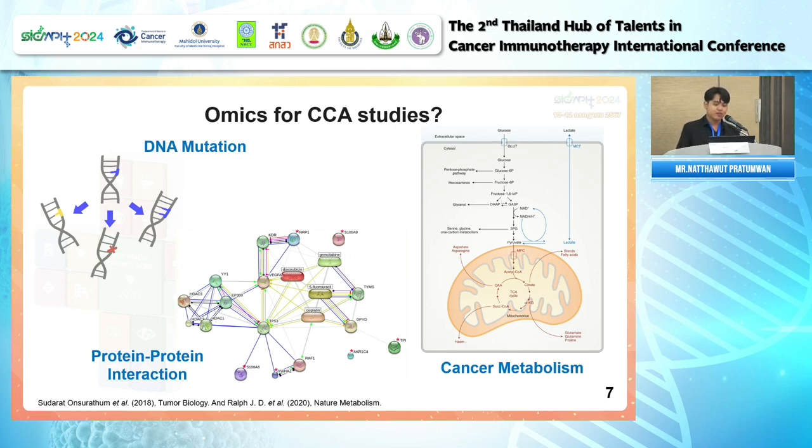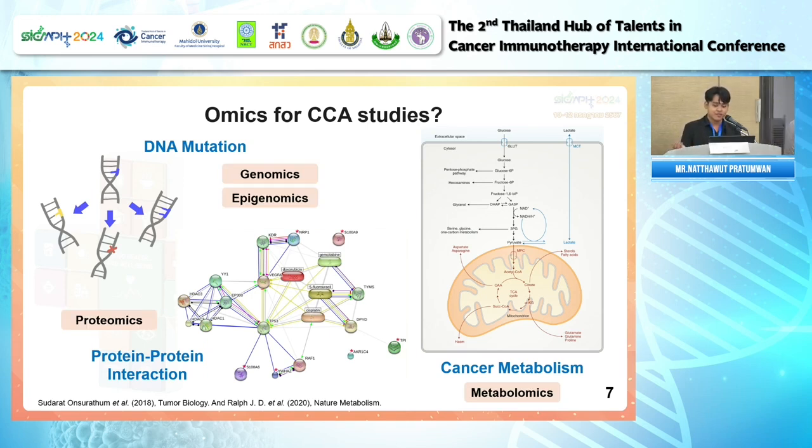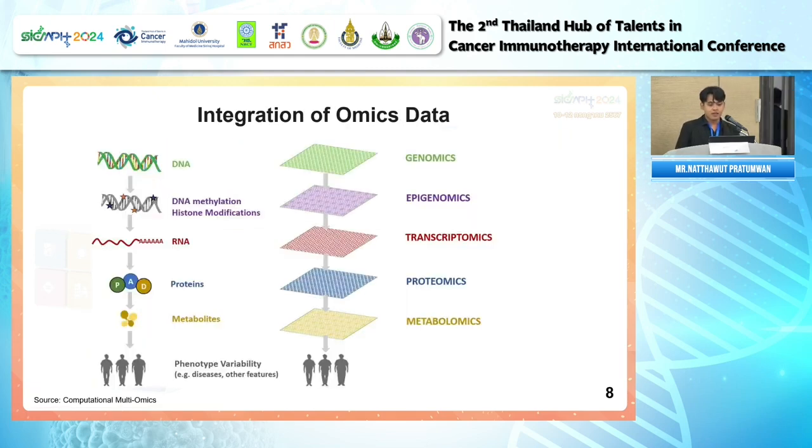This is the reason why omics is important for cancer study. If we can discover this information about the cancer, we can use it to understand the molecular mechanism of cancer, and also decide on new treatments to target a target protein, a target gene, or even a metabolite within the cancer cells.